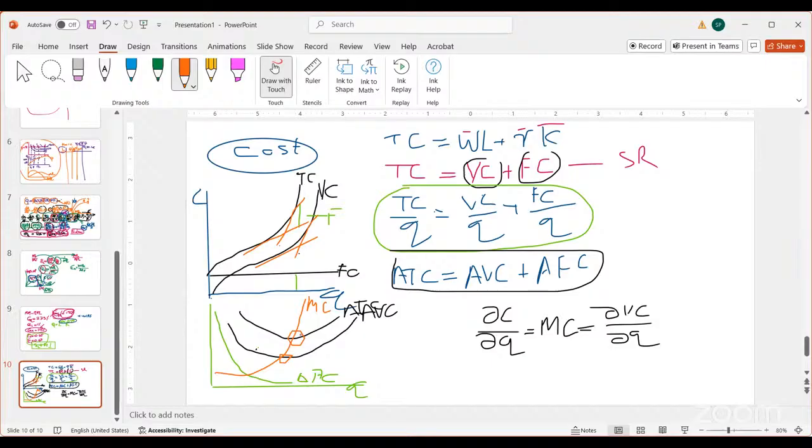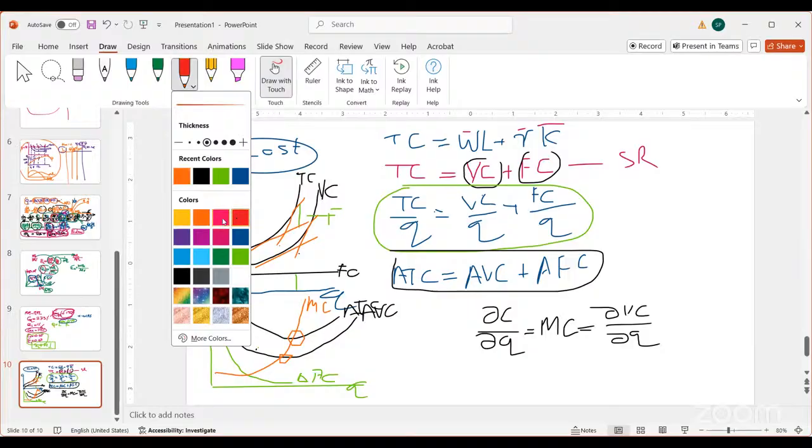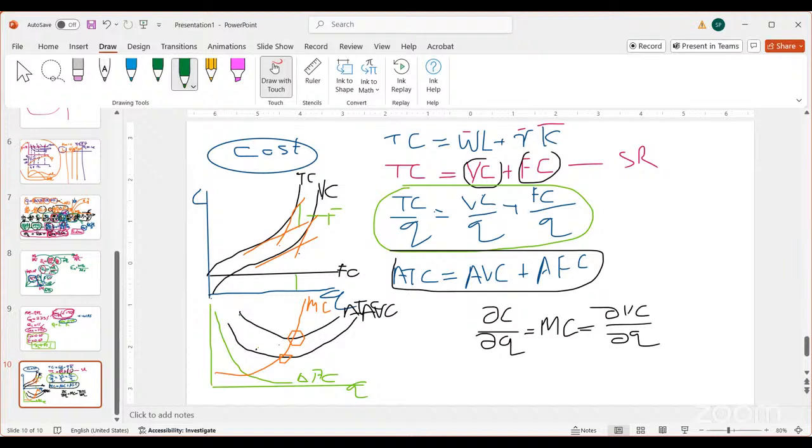The other relationship: if the average cost curve has a negative slope, the marginal cost is less than average cost.